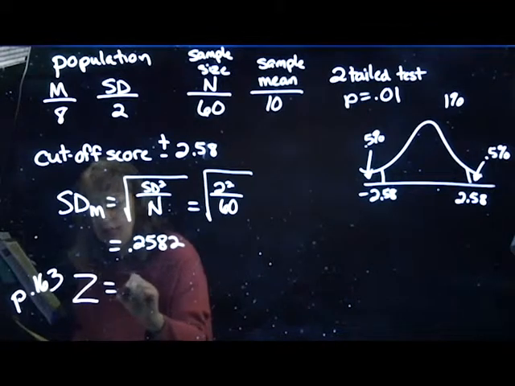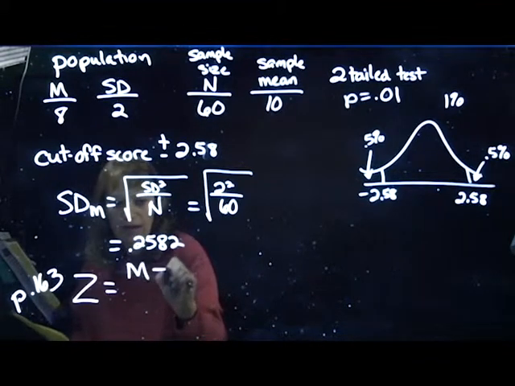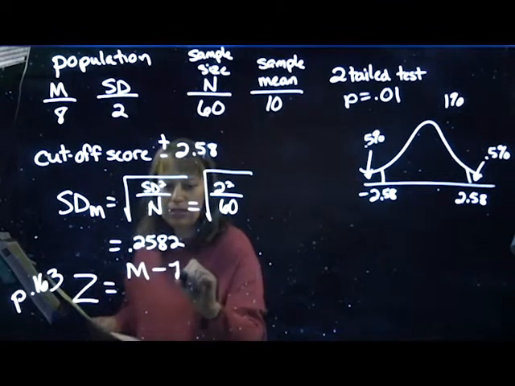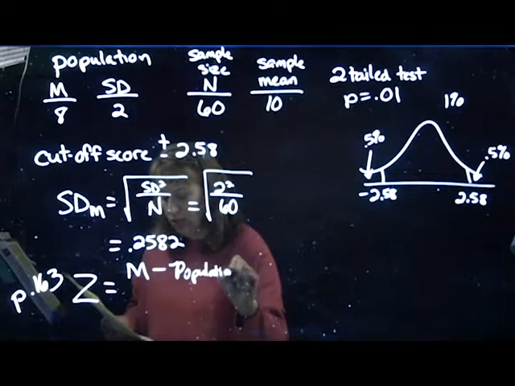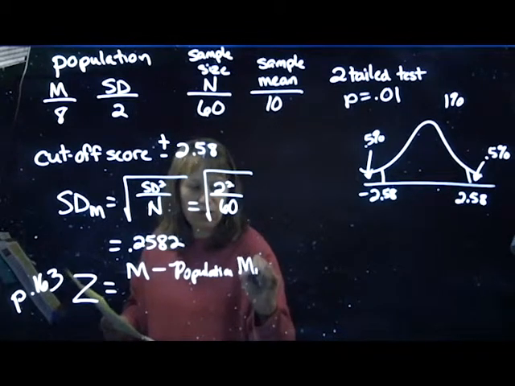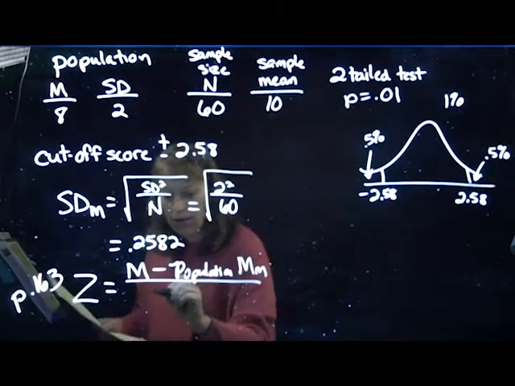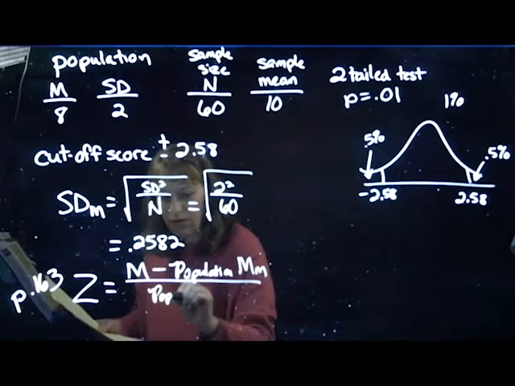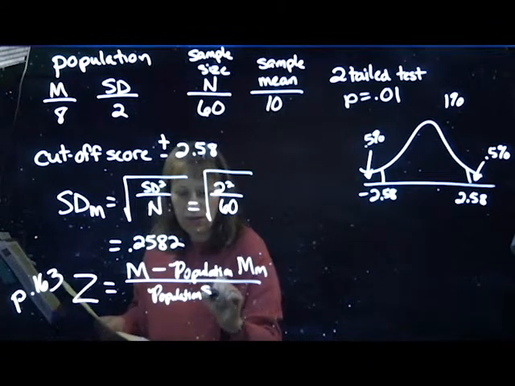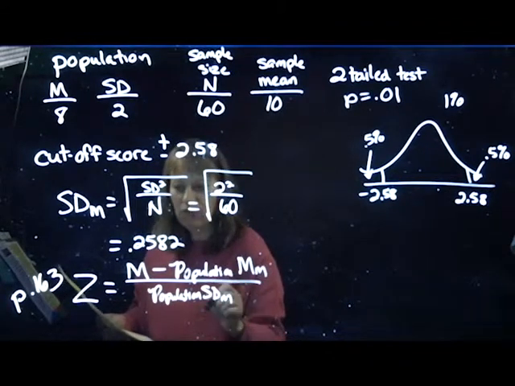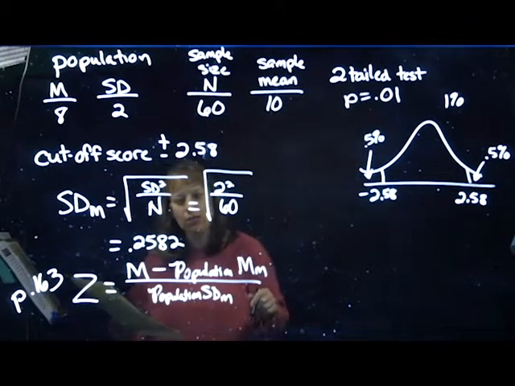Here we see that our value of z is going to be our sample mean minus our population mean, divided by our standard deviation of the distribution of means, which we just calculated.